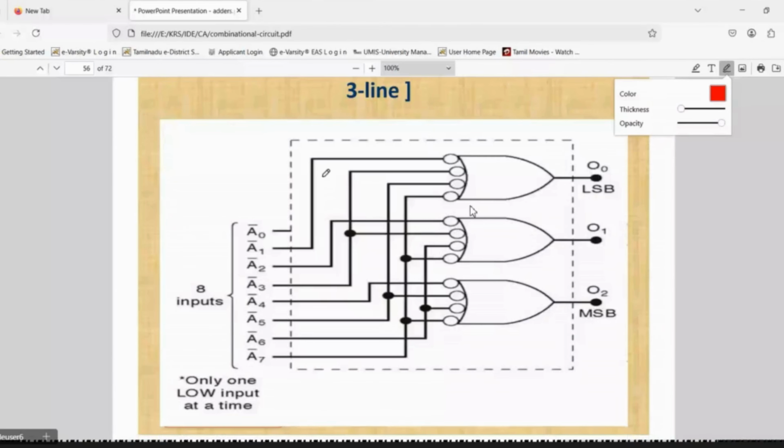ஏன்னா அப்படியே ஆப்போசிட்ல. ஓகேவா? So therefore இங்க எல்லாமே OR gate. இது நோட் பண்ணிக்கோங்க.